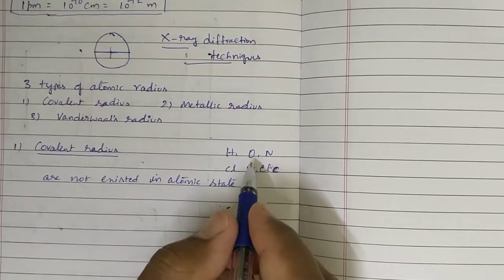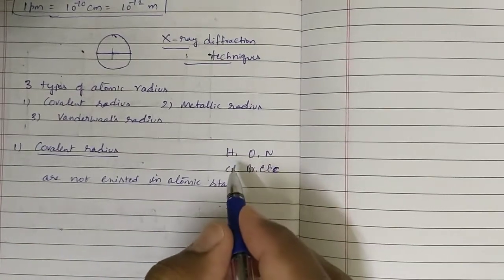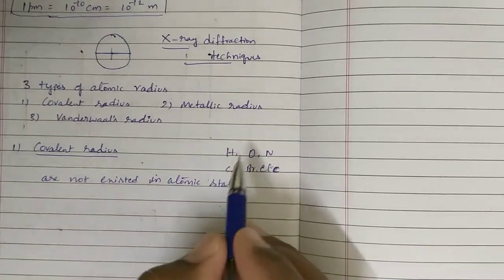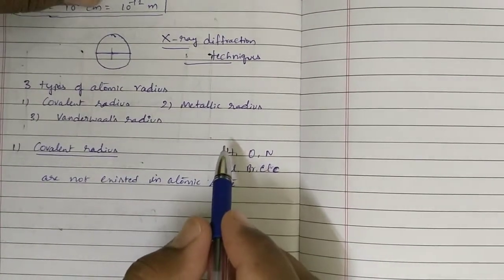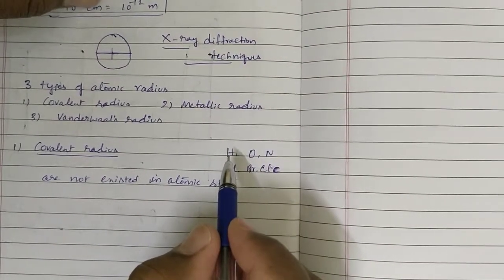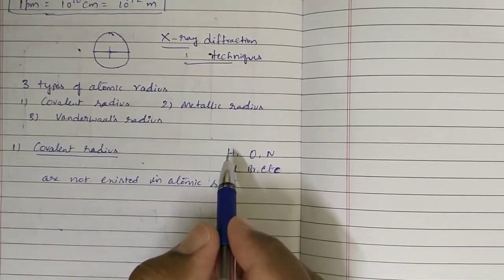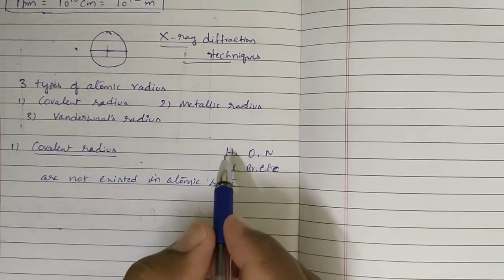If you are not able to find them, how can we say one atom's radius, how can we find that? It is not at all possible. Is it correct or not? Then in whatever form they exist, from that only we have to obtain the atomic radius.